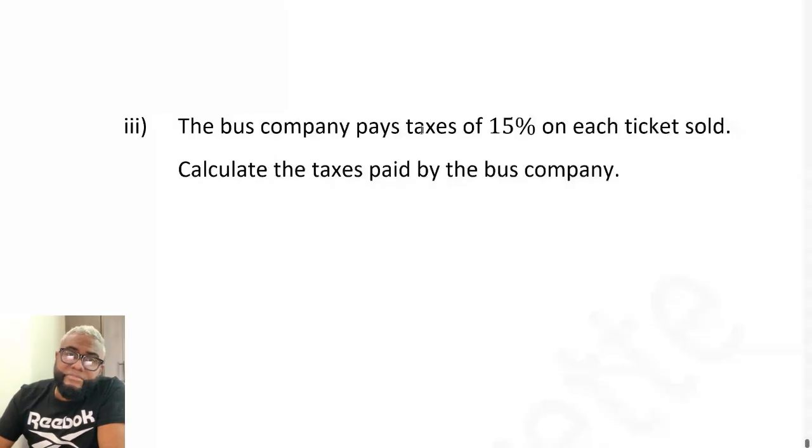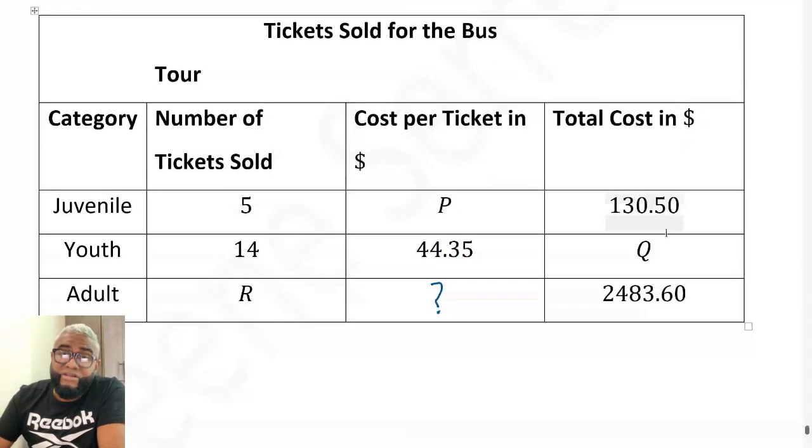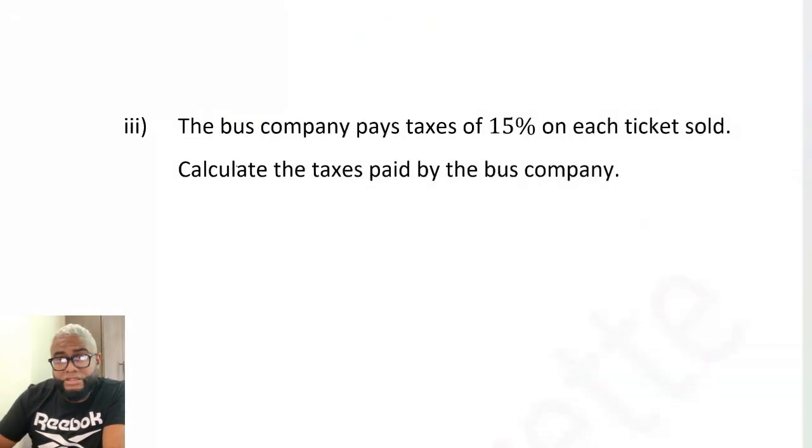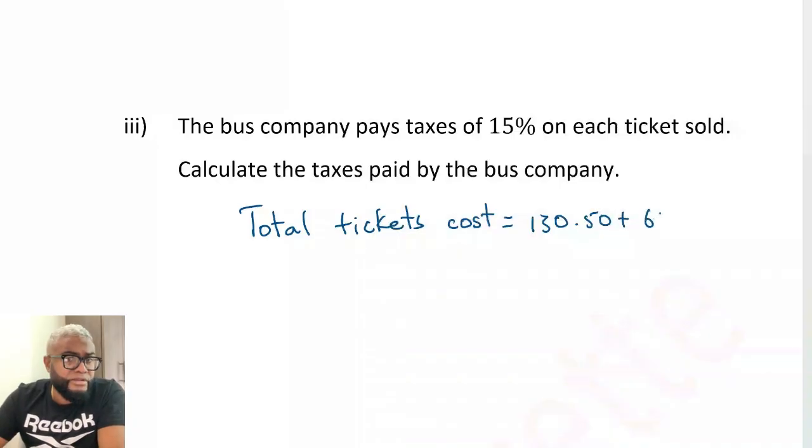Right. The bus company pays tax at 15% on each ticket sold. Calculate the taxes paid by the bus company. Each ticket sold, we talk about all the tickets, so we have to add up all of these. Let me find the total ticket cost. 130.50 plus what was Q, 620.90, and then the 24 something.